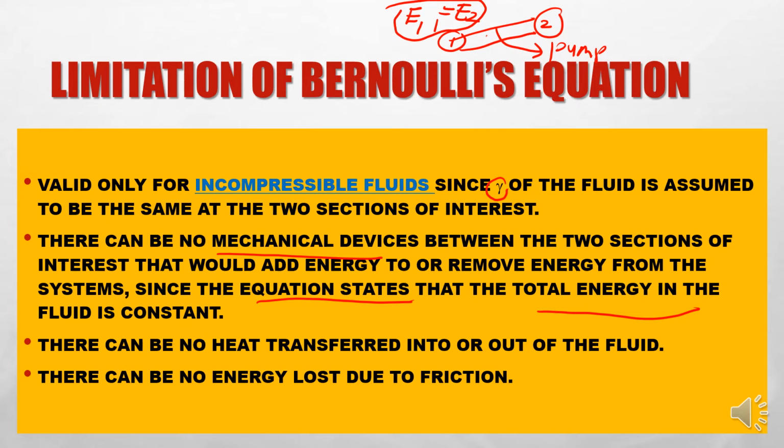For example, if the pipe surface is not smooth, it causes lots of friction, and when there is friction, there will be energy loss on the journey from point 1 to point 2. So there should be no friction in the system.